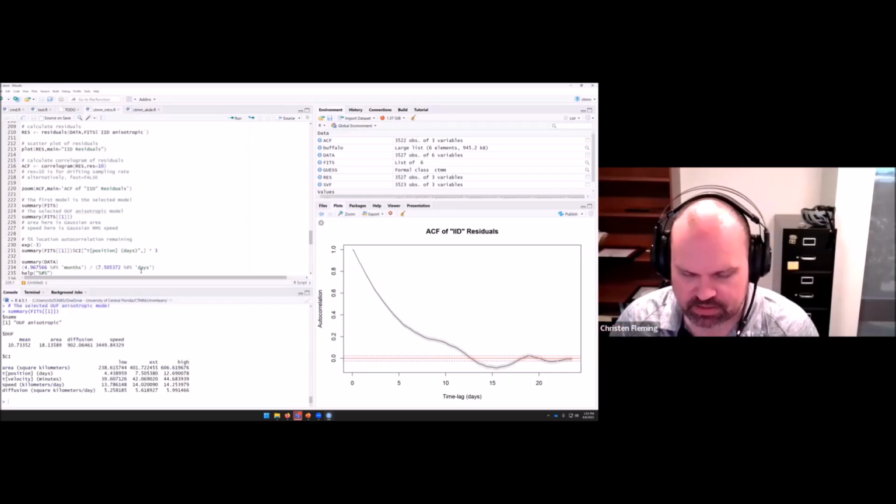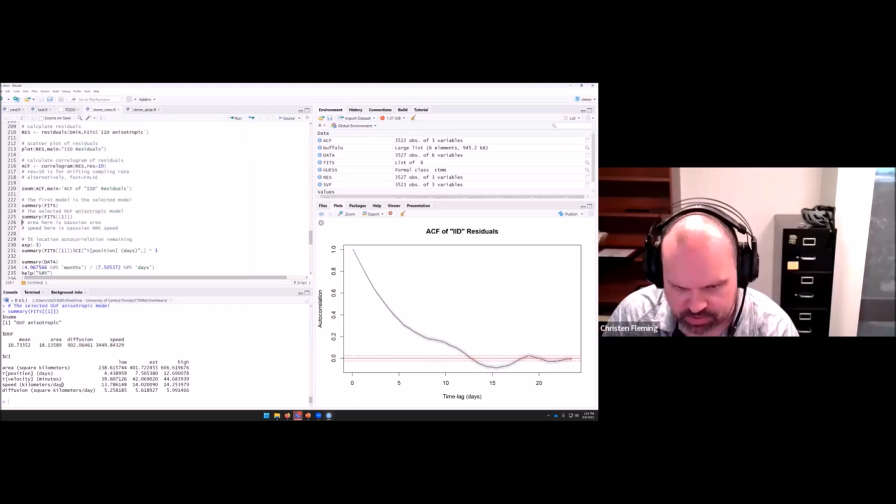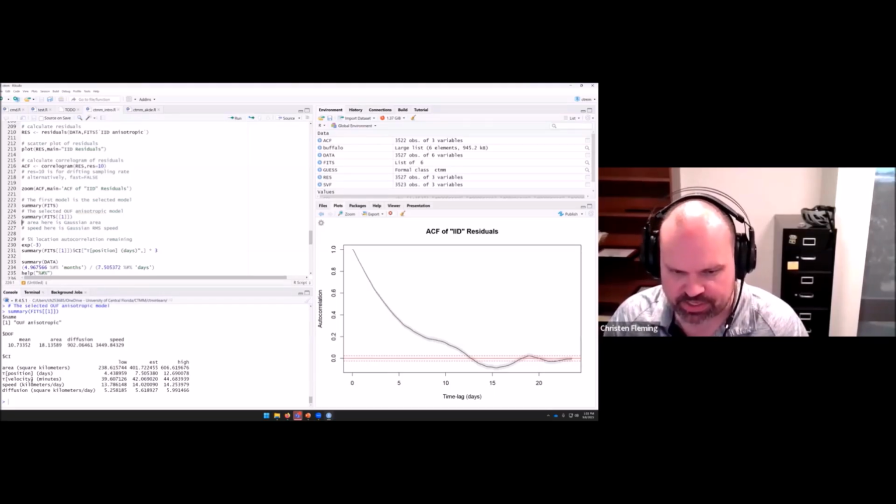So the selected model, when you look at that, you have all these extra parameters from the autocorrelation. So you have this position and velocity autocorrelation timescale. You have a Gaussian root mean square speed, or velocity estimate, and you have a diffusion estimate.